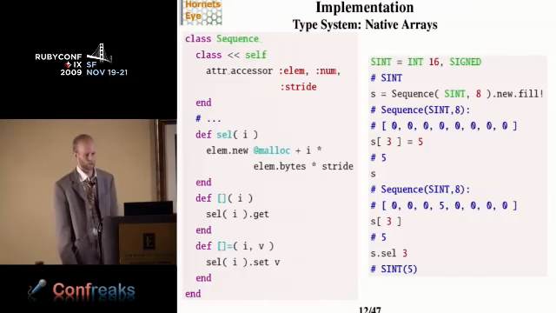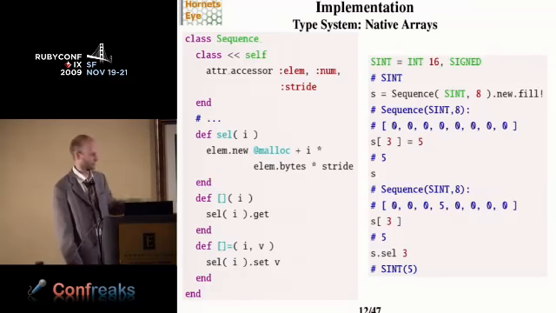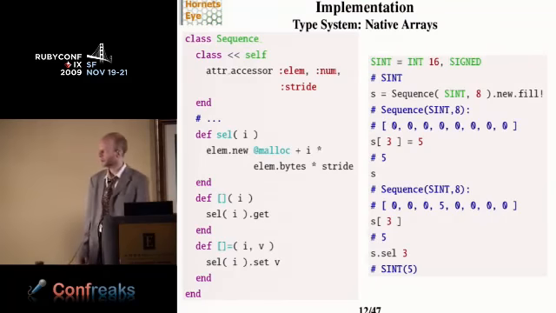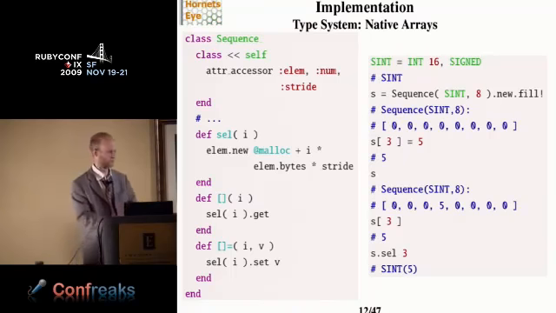And stride you can assume to be 1 at this point. Selecting an element basically means taking the pointer, adding i times the size of an element to it, and then creating a view which is viewing that part of the memory, and the view is of the element type.